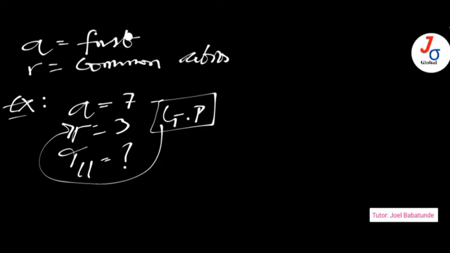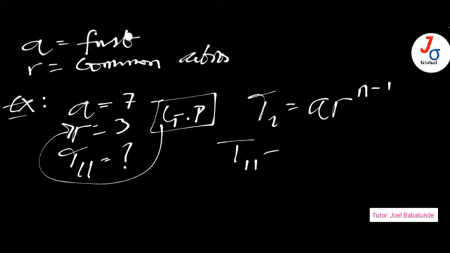All right, good. So we have to find T11, and remember that Tn equals a r raised to the power n minus 1. So T11: a is 7, so that's 7 times r, which is 3, raised to the power of 11 minus 1.